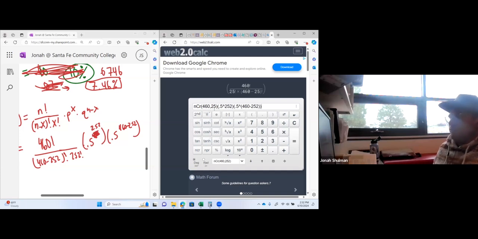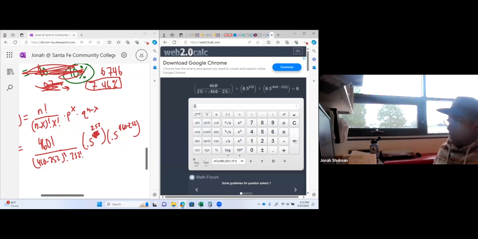Close parentheses. So I have the nCr is what we want. That's the first piece, 0.5 raised to the probability of it happening, 0.5 raised to whatever is left. Maybe if I put some multiply signs here. Yeah, here we go. Nice, 0.5 to the 252, 0.5 to whatever this is.